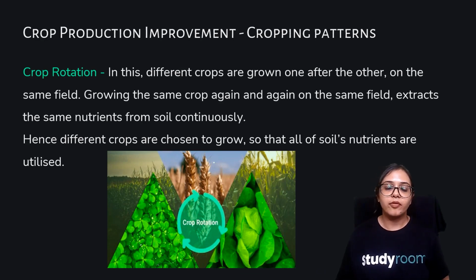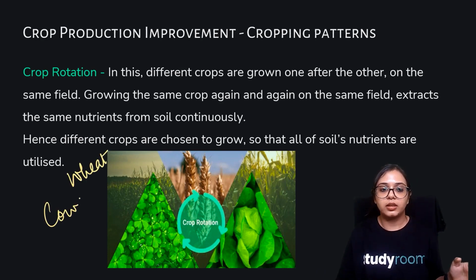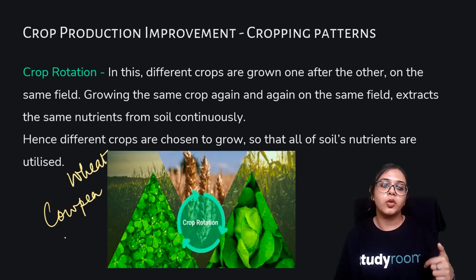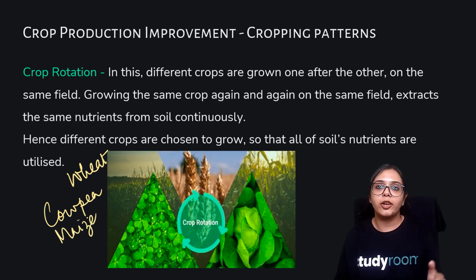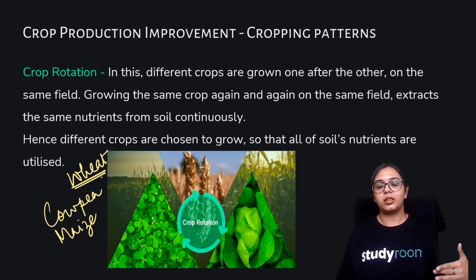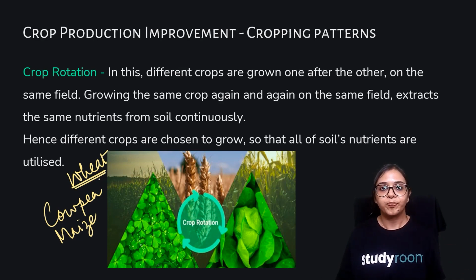All right, but say if you are sowing wheat once, and then you are sowing cowpea the other time, and then the other time you're sowing maize. All right, so you're ensuring that different kinds of crops are being sown onto a farmland. Not one kind is just being sown and then there is a lack in the soil nutrients. Okay, this ensures that there is no lack in the soil nutrients.